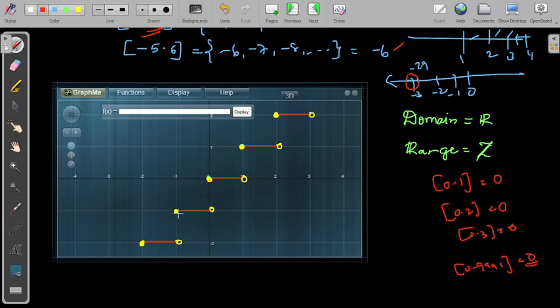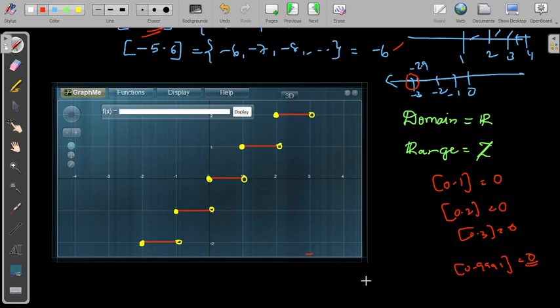Similarly, in the negative case also, for minus 1, it is minus 1. For the values minus 0.1, minus 0.2 and so on, it is equal to minus 1. The same way it continues. It looks like a step, so the greatest integer function is also called a step function.